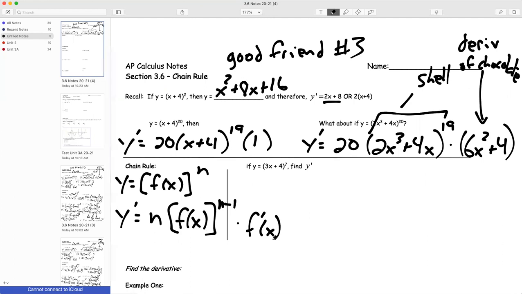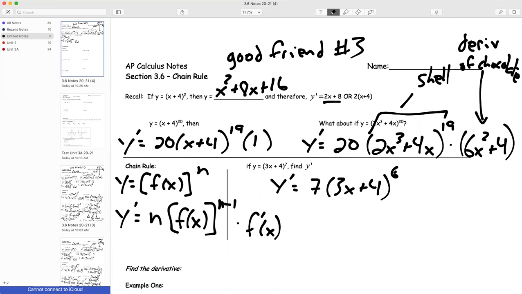So let's look at this example. If y is equal to 3x plus 4 raised to the 7th power, find y prime. So the 7 comes out front. I bring down the 3x plus 4. Don't forget to subtract 1 from the exponent, so that would give me 6.